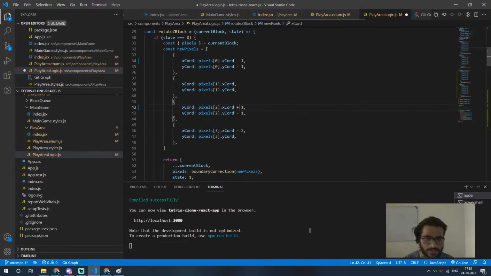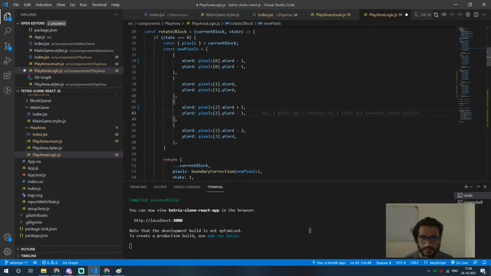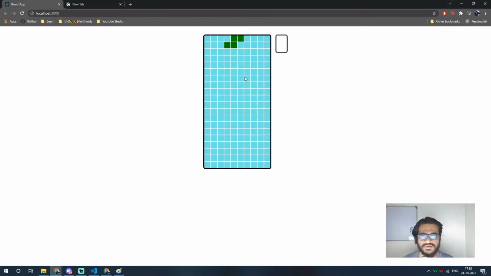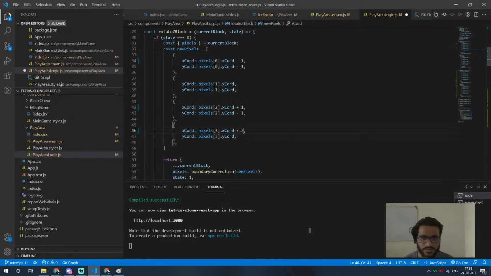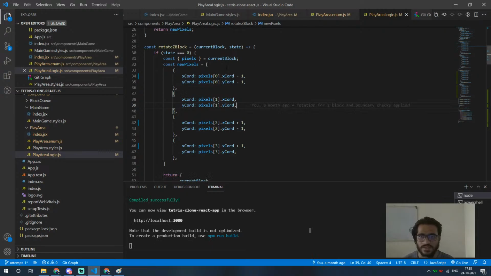And for this one, x would go +1, y would remain the same. +1 or +2? +1. I think so, +1. Let's just hope it's +1.